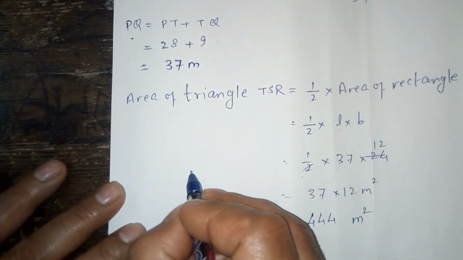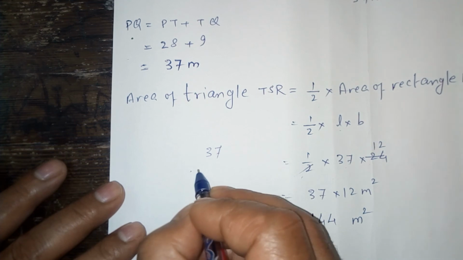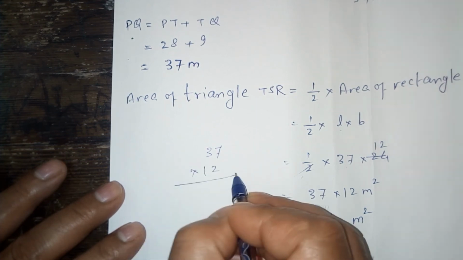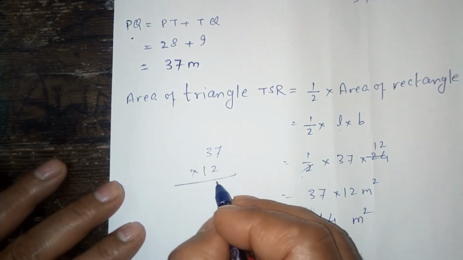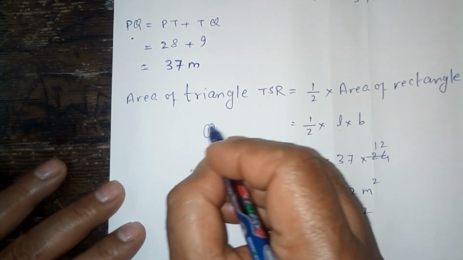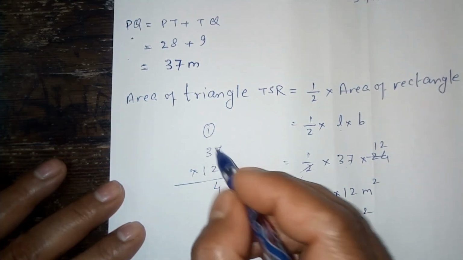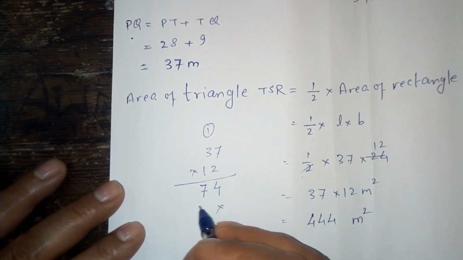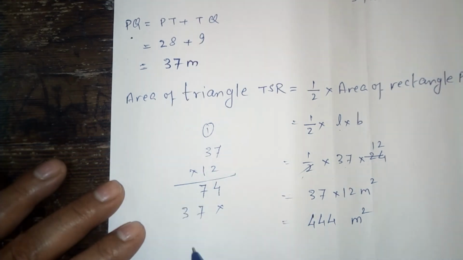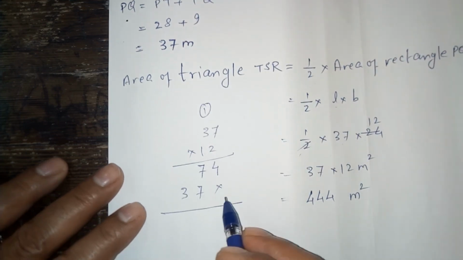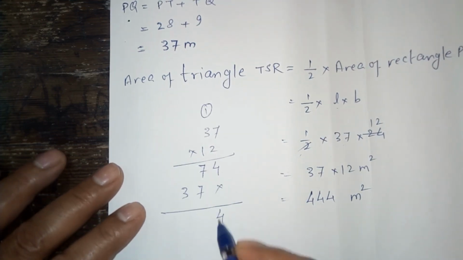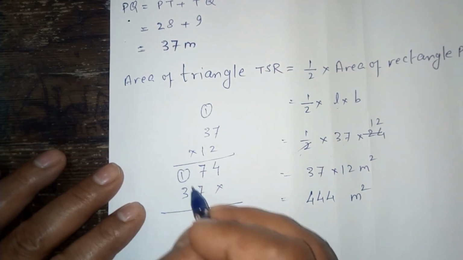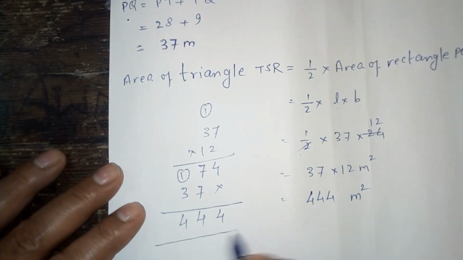Now look here, what is the product of 37 into 12? 2 sevens are 14, this is 4, carry over is 1, 2 threes are 6, 6 plus 1 is 7. Again 1 seven is 7 and 1 three is 3. After adding you will get 4, 7 plus 7 is 14, this is 4, carry over is 1, 1 plus 3 is 4.